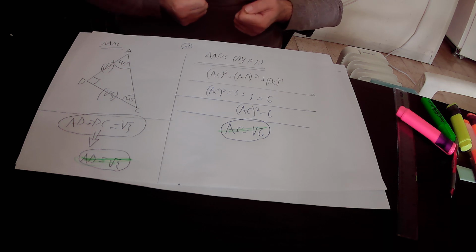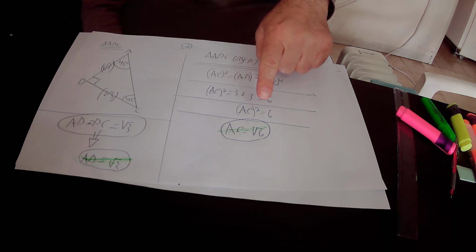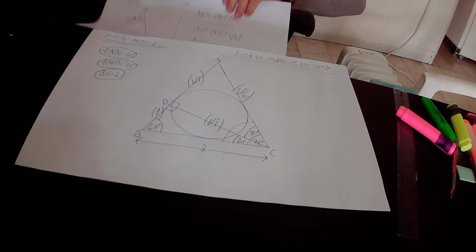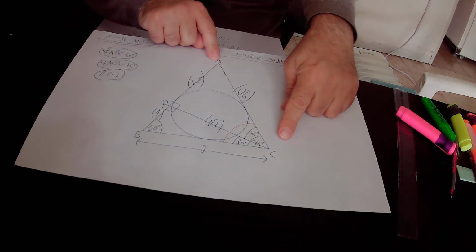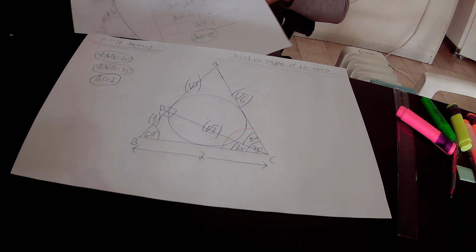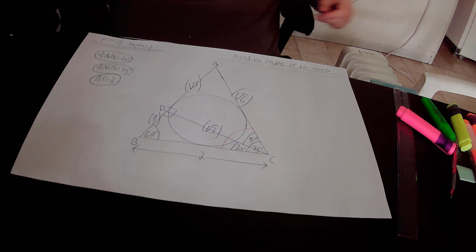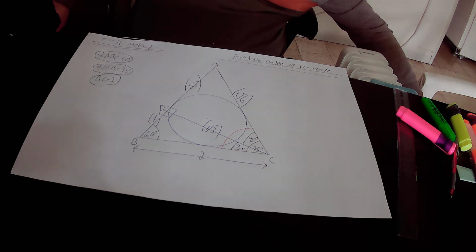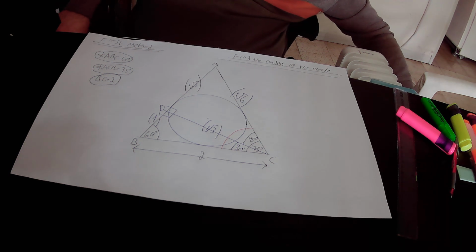Taking the square root of the equation, we finally find that AC equals the square root of 6 units in its length. So side AC of this triangle ABC equals the square root of 6 units. Then I presented to you rule number 15, and we implement rule number 15 in our drawing.